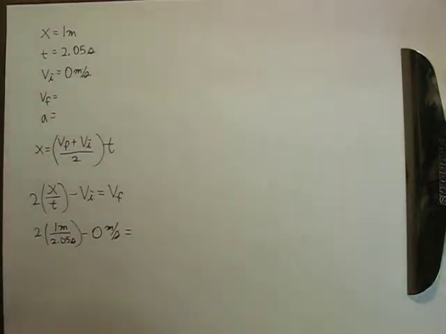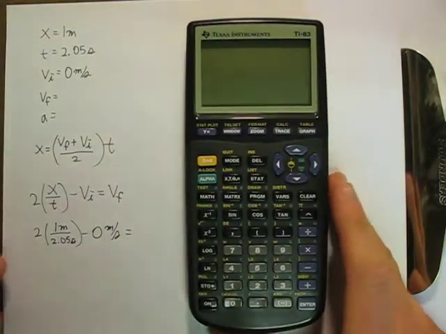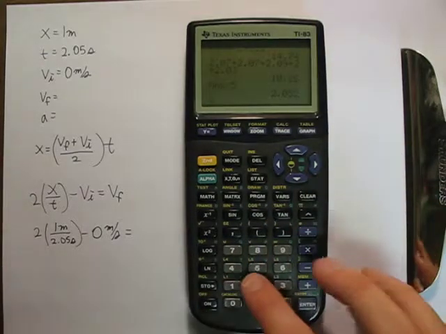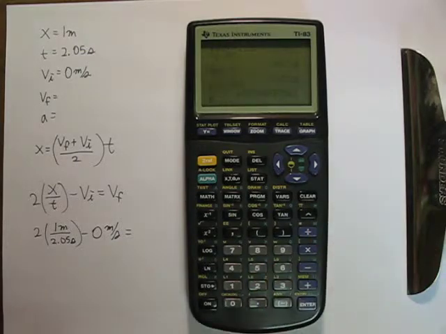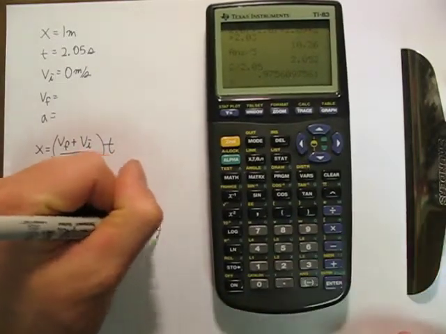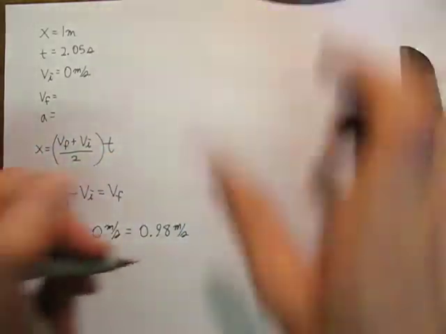That should give me a final velocity very, very close to 1 meter per second, because those 2's are going to cancel out. So I do 2 divided by 2.05, and I get 0.98 meters per second. We'll call it that. 0.98 meters per second is VF.